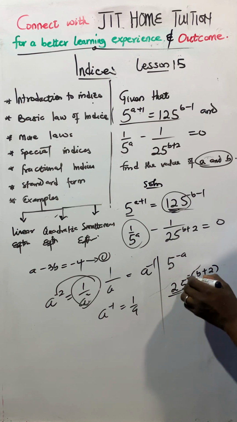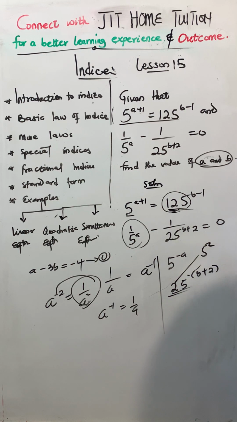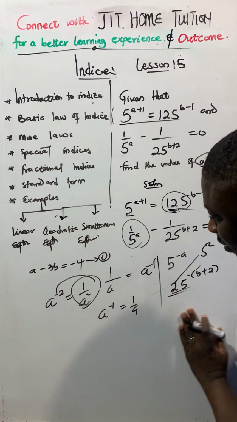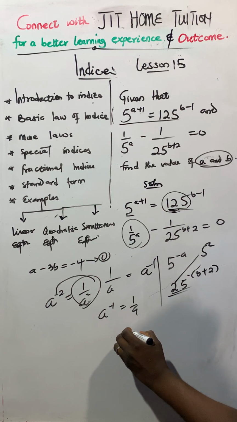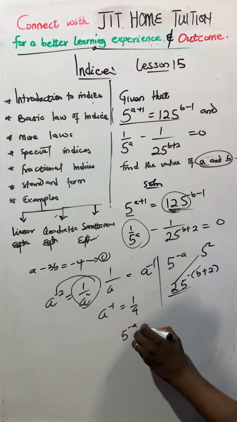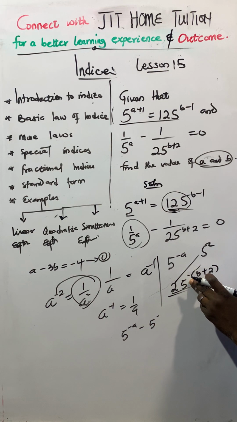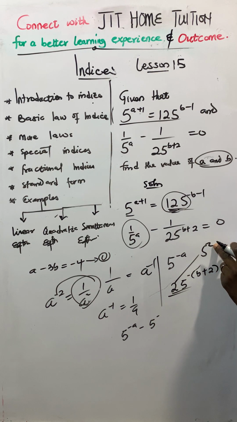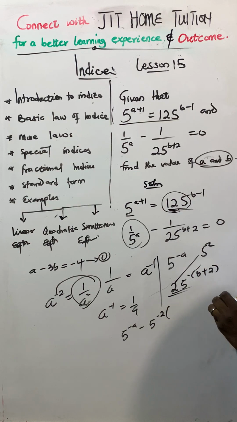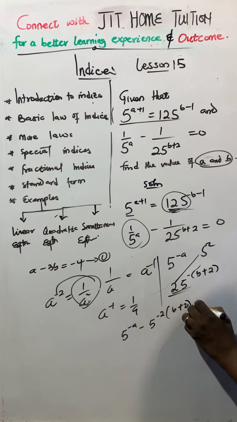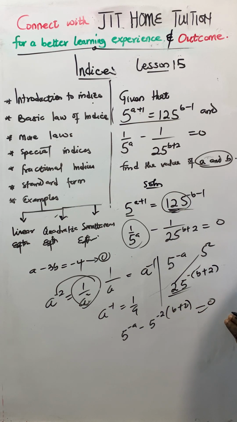Now this 25 could be changed to 5 squared. So the whole thing will now be equal to 5 exponent negative a minus 5, it's now squared, so negative 2b plus 2, all equal to 0.